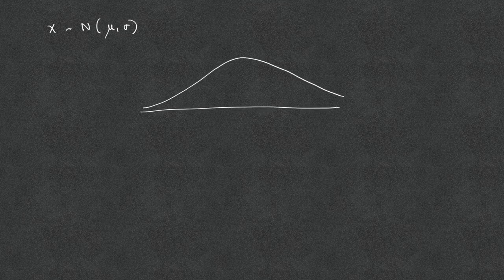Suppose a continuous random variable x is normally distributed with the mean mu and the standard deviation sigma. Given any value x, we can always find how many standard deviations away from the mean the x value is by calculating the z-score. Z is x minus mu divided by sigma.